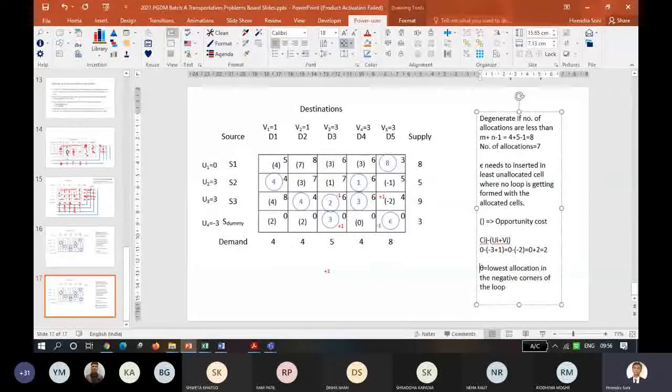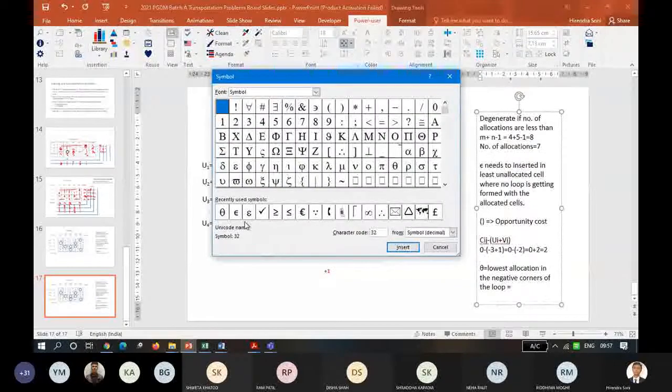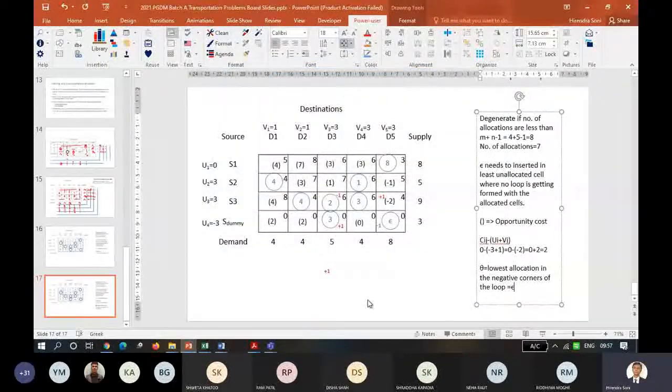Correct ना? Yes, sir. So what would be your theta? यहाँ पर क्या आएगा वैल्यू थीटा का? 0. -1 इधर है, -1 इधर है, so theta would be epsilon. ठीक है? Clear?